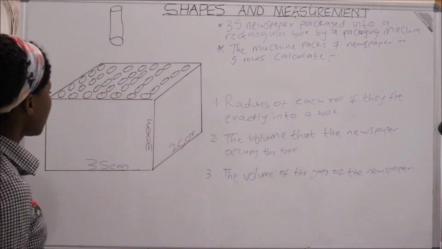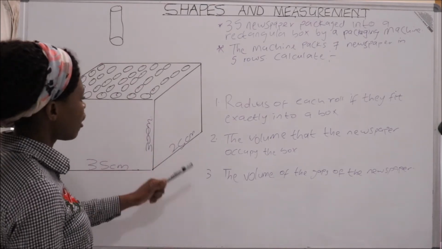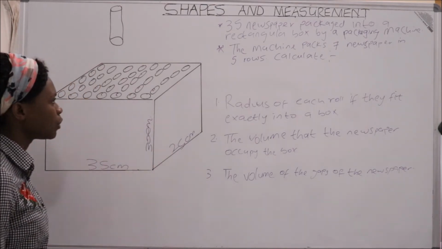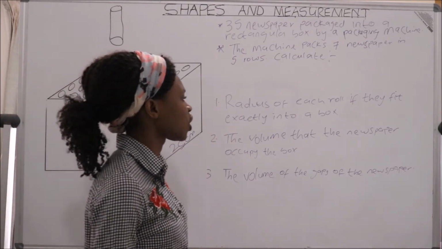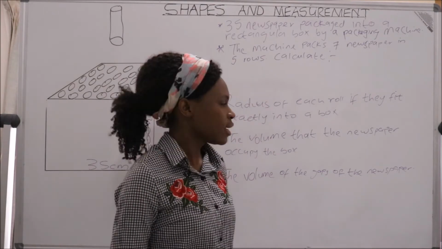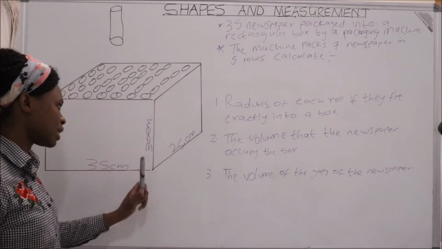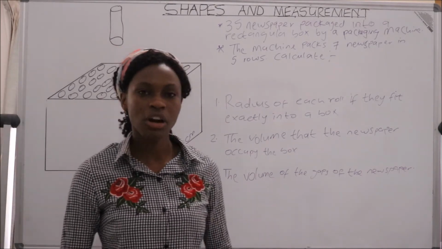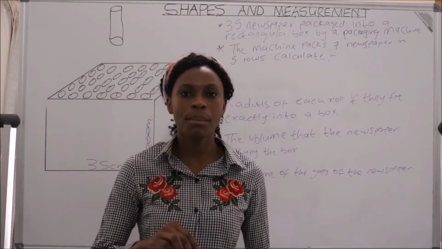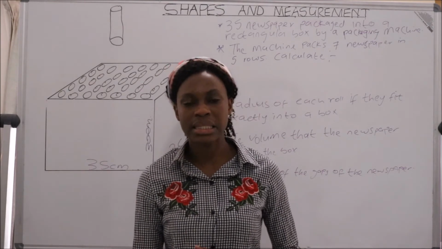So what we have here is we have everything. We have the r, which we have calculated from the first question, of which we got 2.5 centimeters. And the other thing that we need to use is the 30 centimeters, as this roll of newspaper has been placed from the top of the rectangular box and it ends at the bottom.